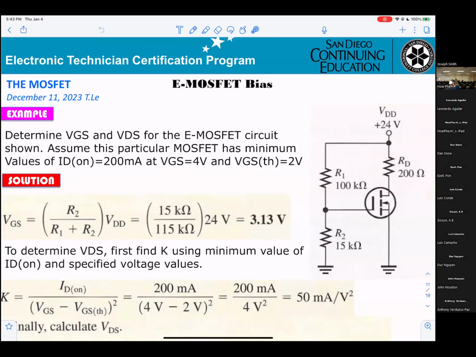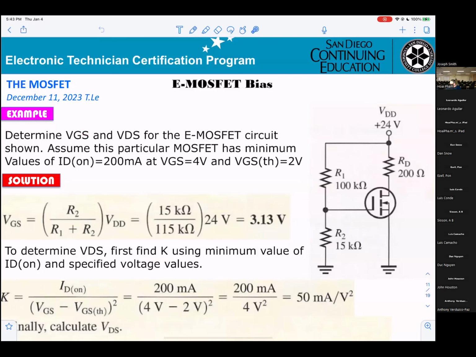Okay, this one is the E-MOSFET bias. Basically, you understand that whether it is a bipolar transistor, JFET or MOSFET, they have to get DC power to make it work. That's the bias, DC bias.